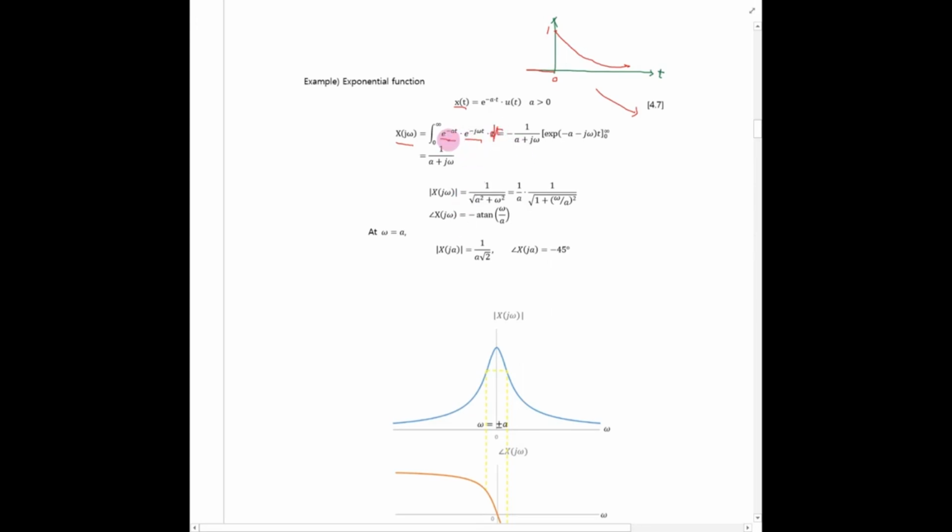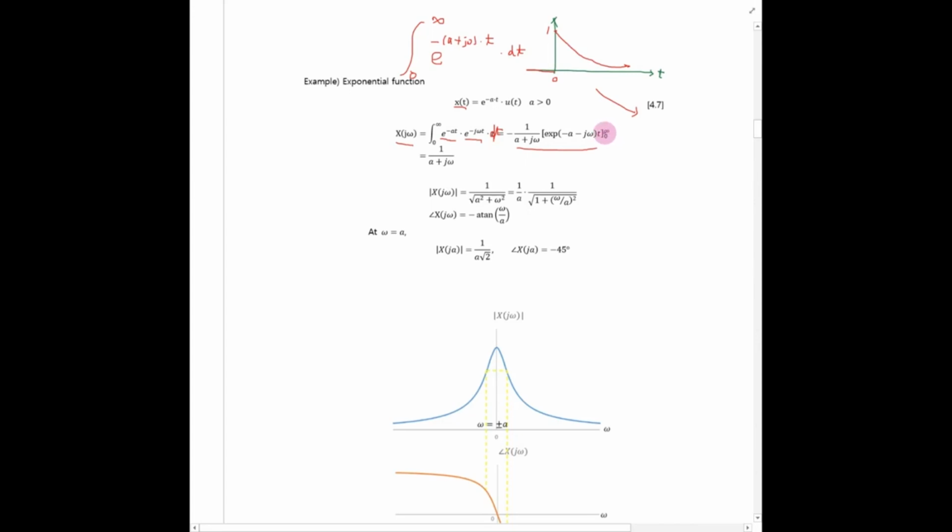You know that this product will give e to the minus (a plus j omega) times t, and we need to take the integration of this over 0 to infinity. Then the integration is given like this when the range is 0 to infinity.